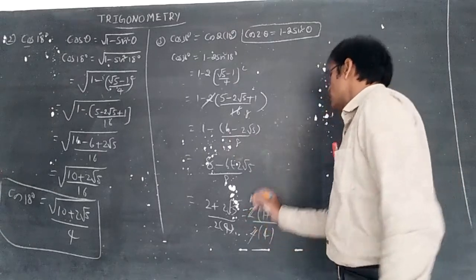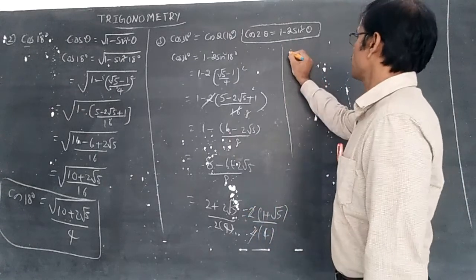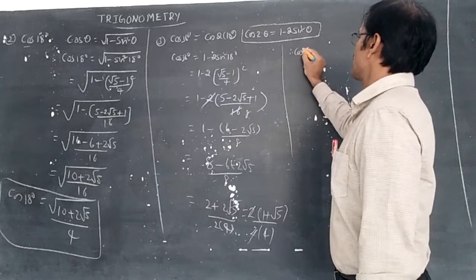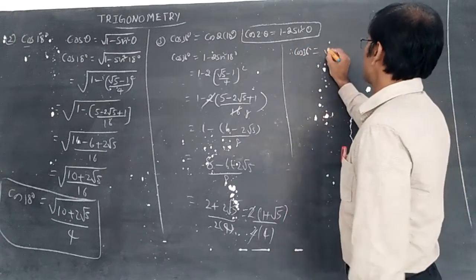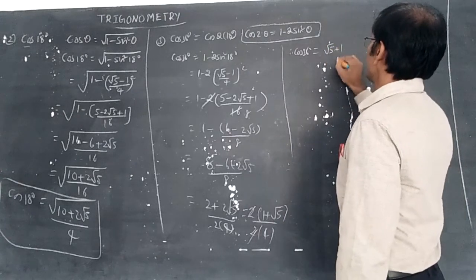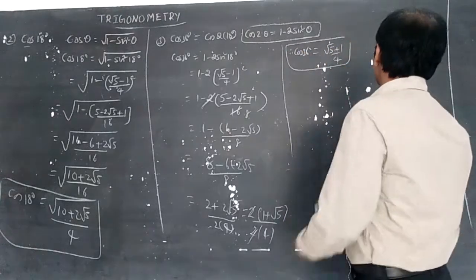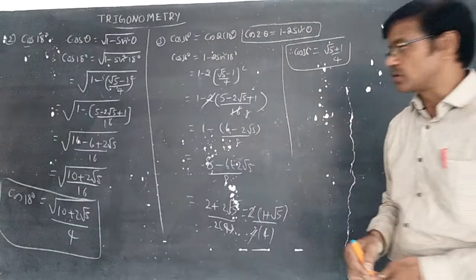So 2 gets cancelled. Therefore cos 36 degrees is equal to (root 5 plus 1) by 4. Cos 36 value, (root 5 plus 1) by 4, we got.